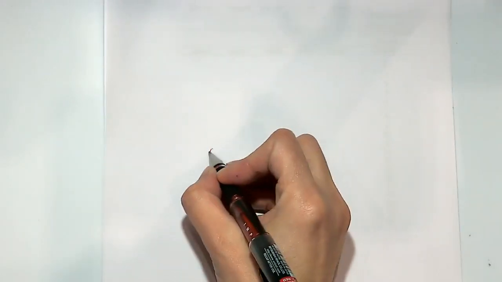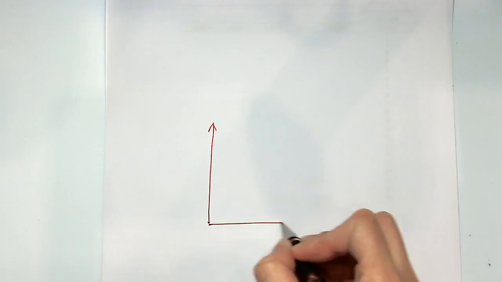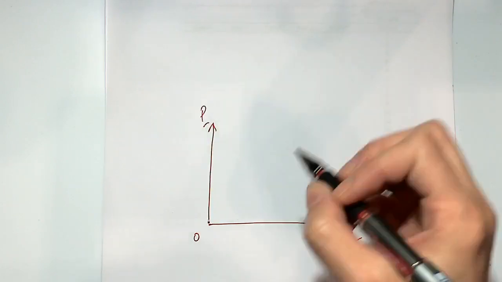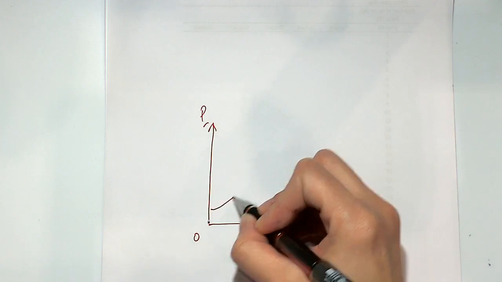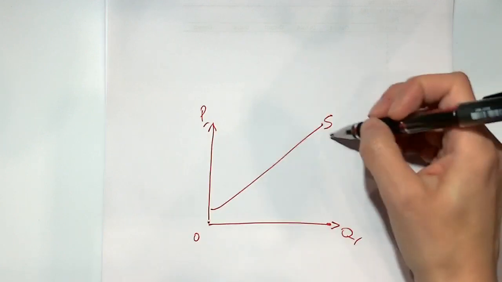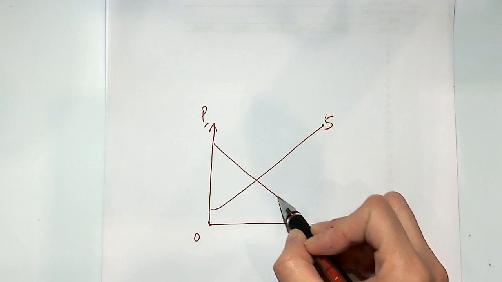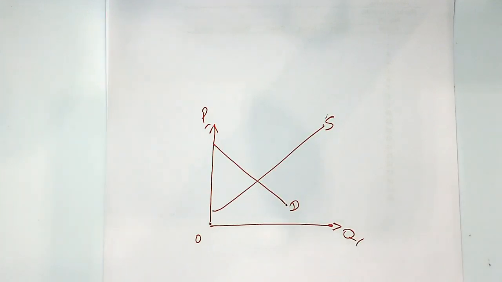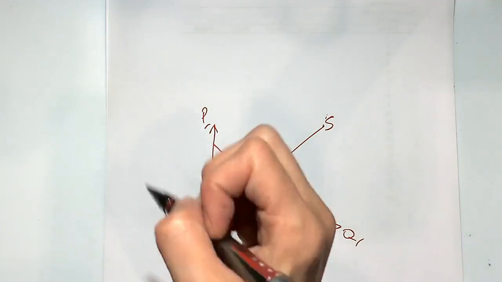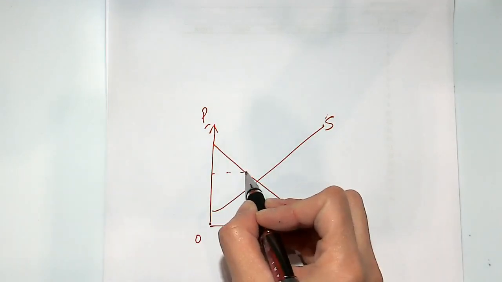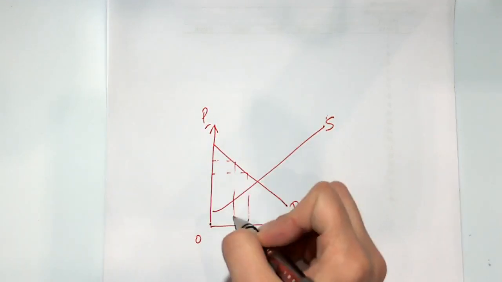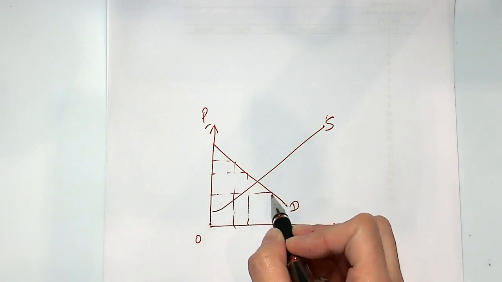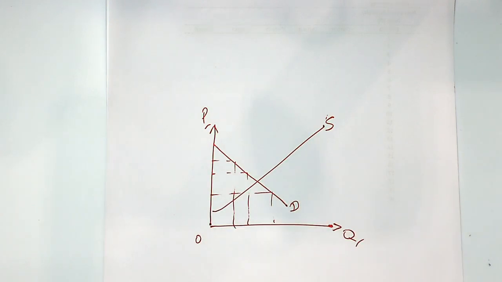If I have my firm, which will produce a quantity at a price, it will have the supply curve, which is just itself, and the demand, which is going to be downward sloping. And that's going to be the demand of the industry. Why? Because it can increase or decrease the price. So if it increases the price, quantity will be less, just looking at the demand. And if it decreases the price, quantity will be more, the law of demand.